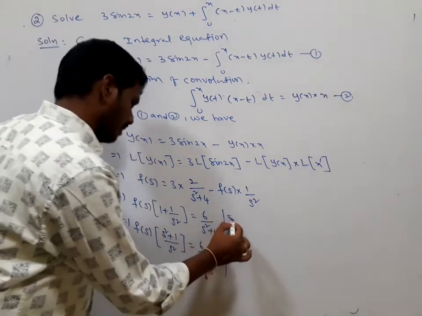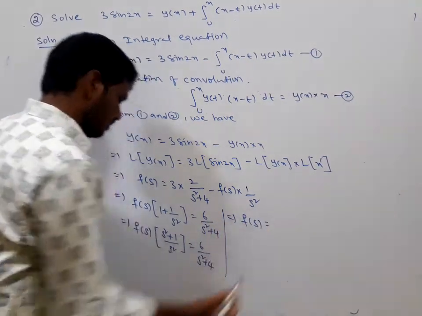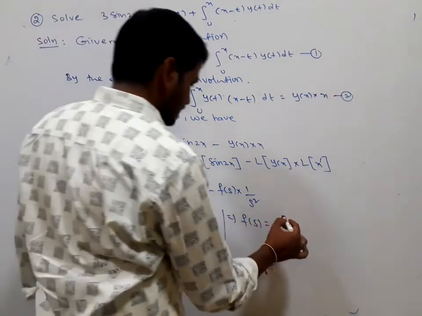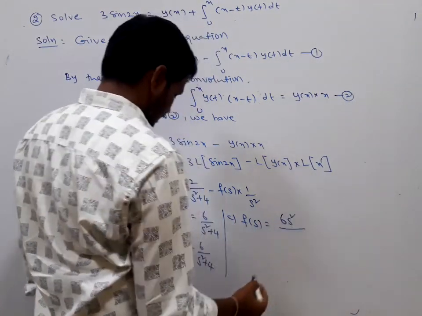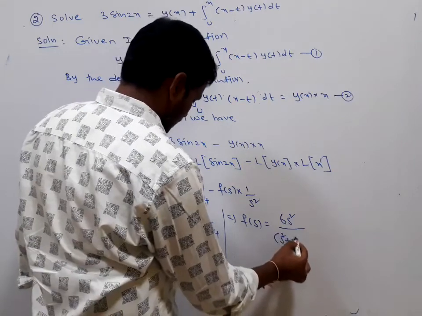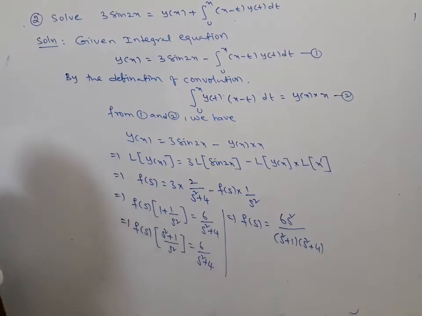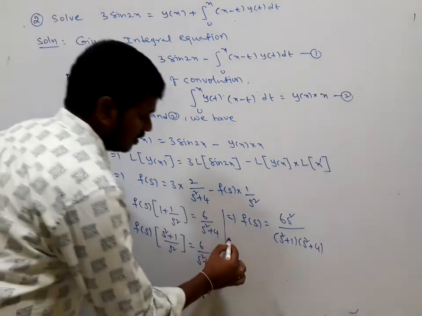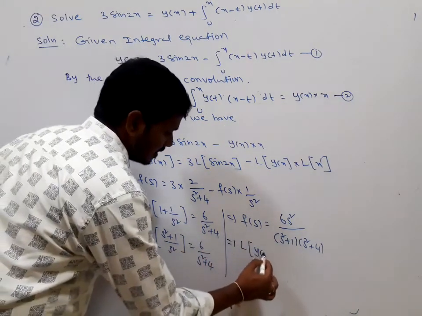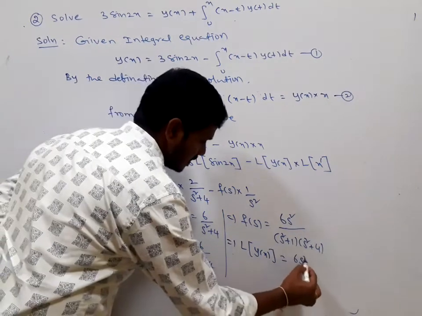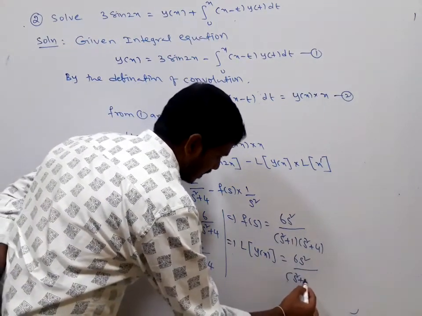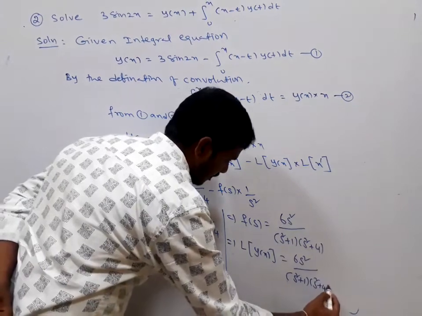That implies f of s is equal to 6s square divided by s square plus 1 into s square plus 4. So the Laplace transform of y of x is equal to 6s square divided by s square plus 1 into s square plus 4.